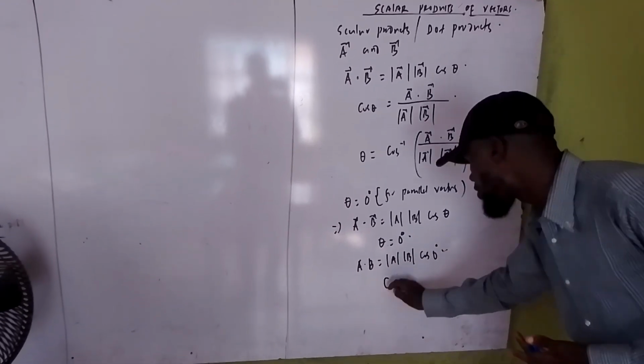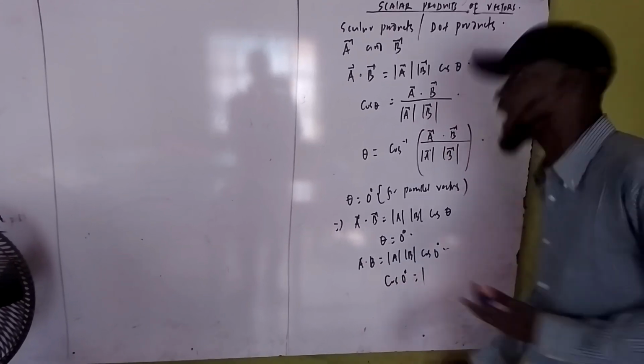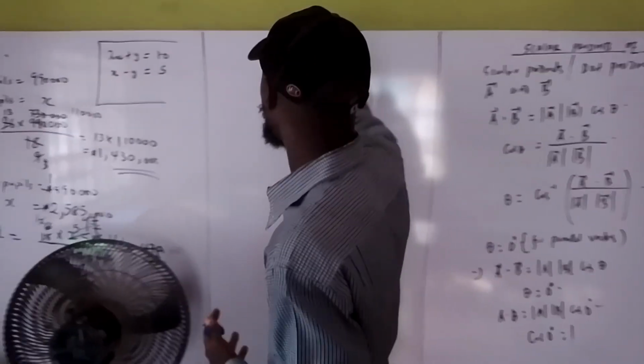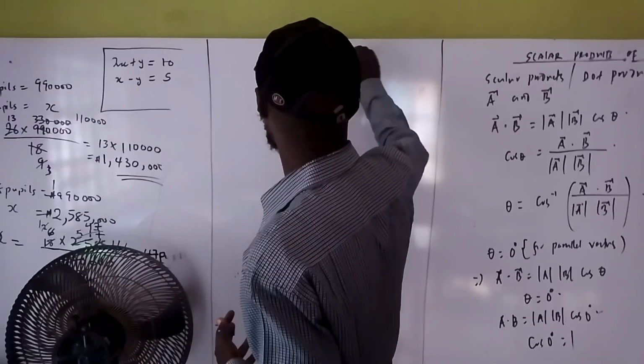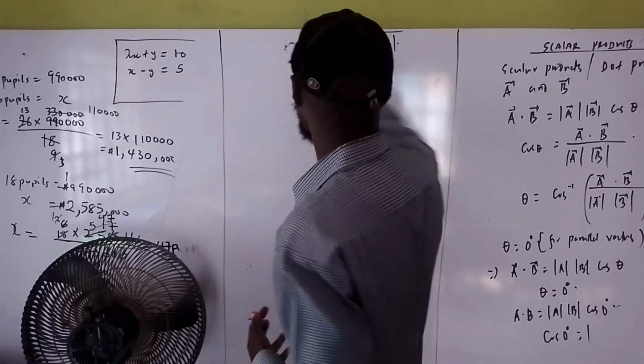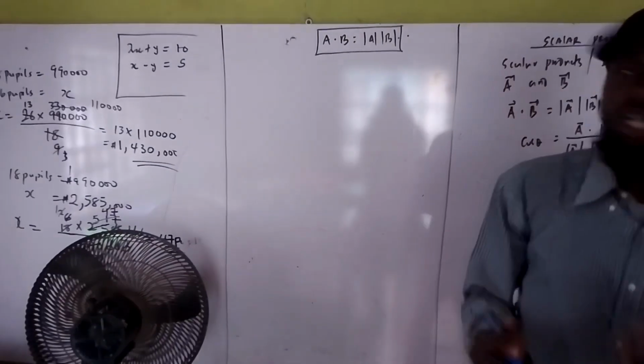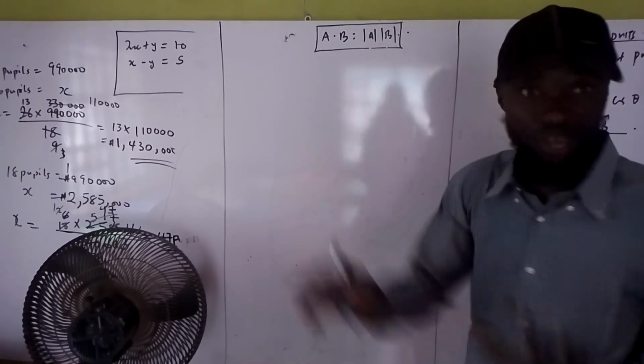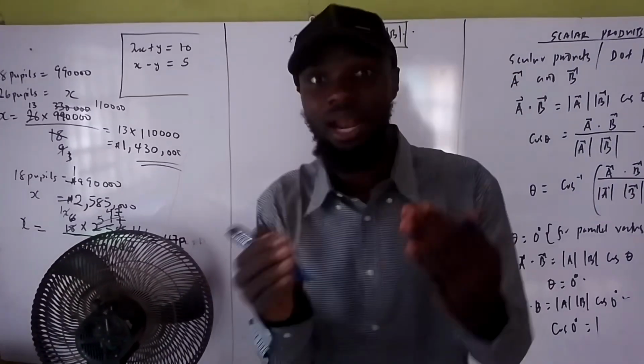Since cos 0 degree is equal to 1, we now have A dot B to be magnitude of A, magnitude of B. So when the dot product is the product of the magnitudes of the two vectors, we say those two vectors are parallel.